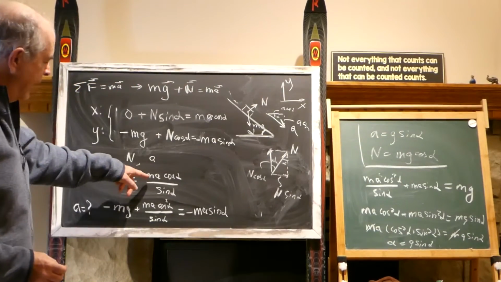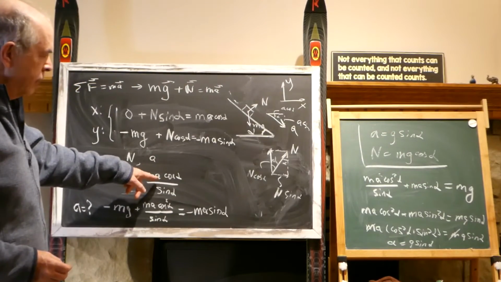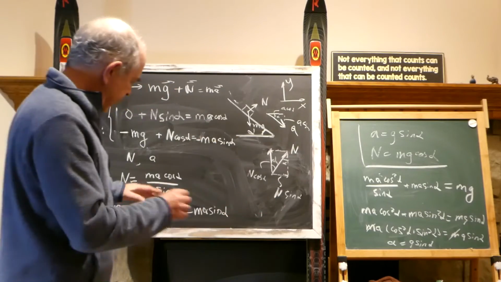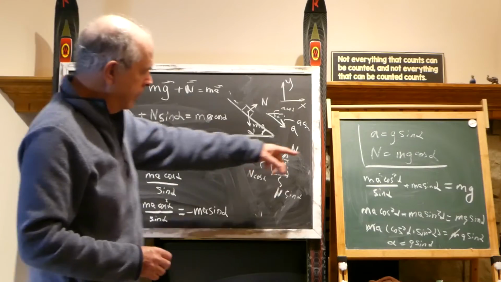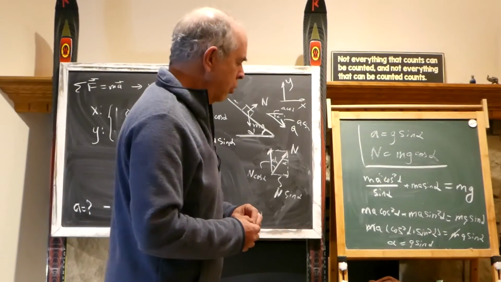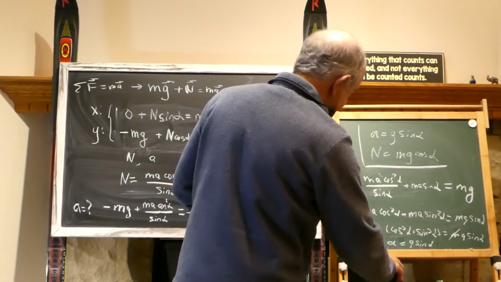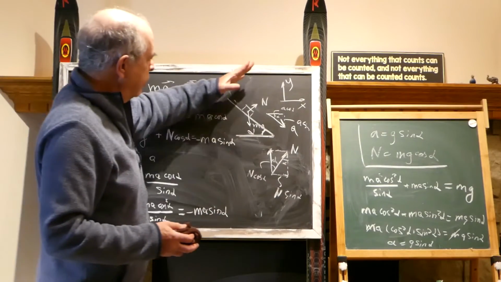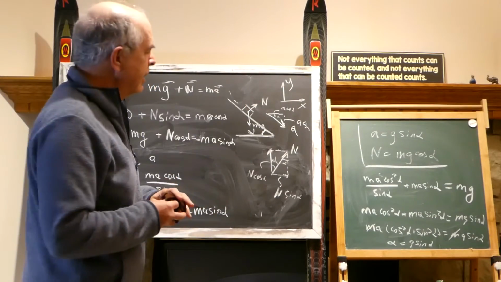And if we plug in g sine alpha, sine alpha will be cancelled from top and bottom, and we will have n equal mg cosine alpha. So we have absolutely the same result, but I would say that with the previous case it was faster.